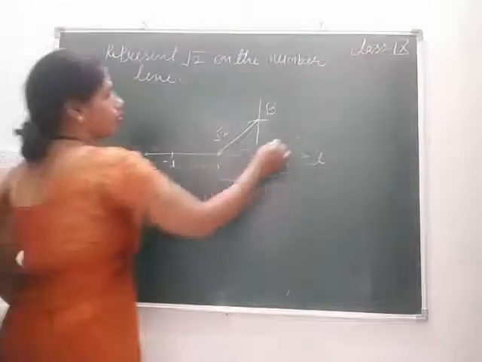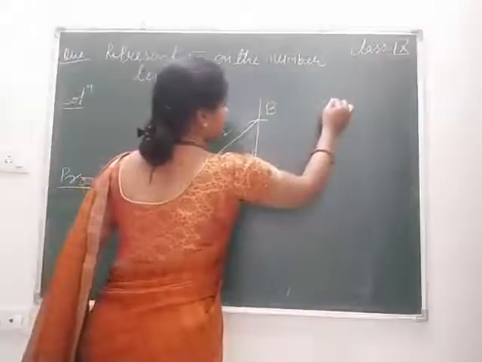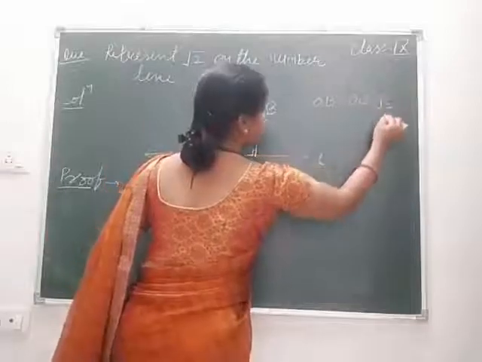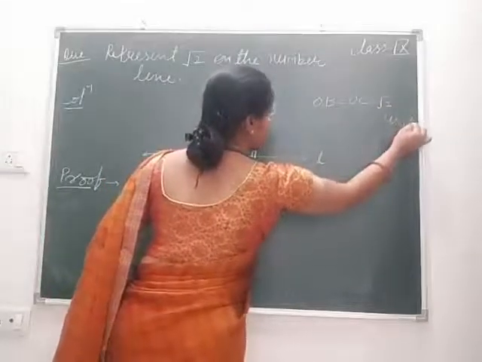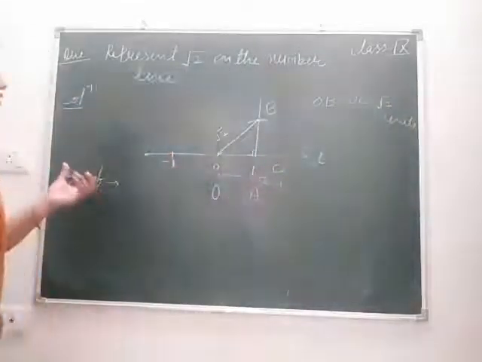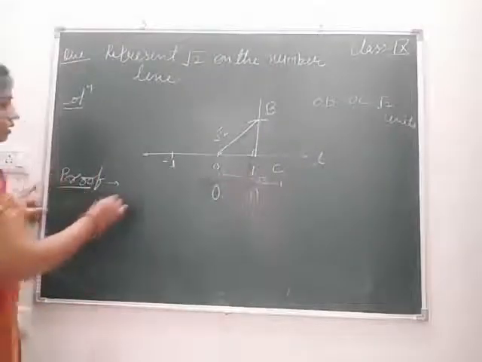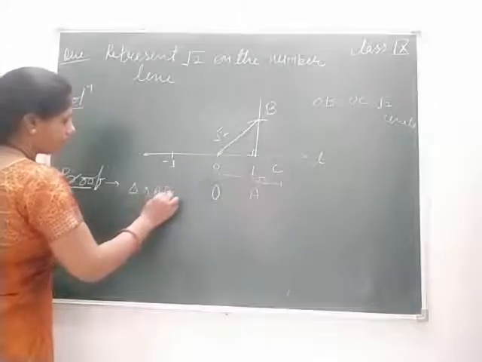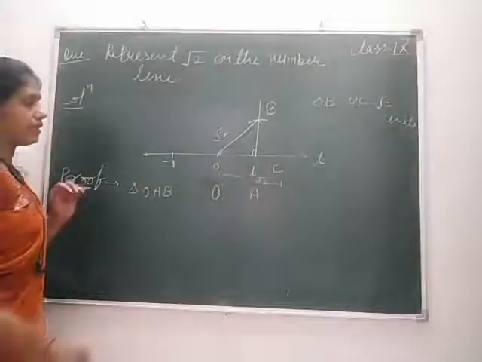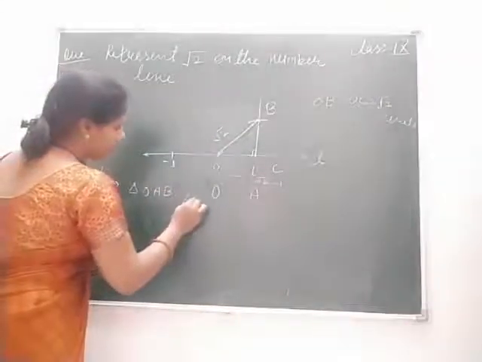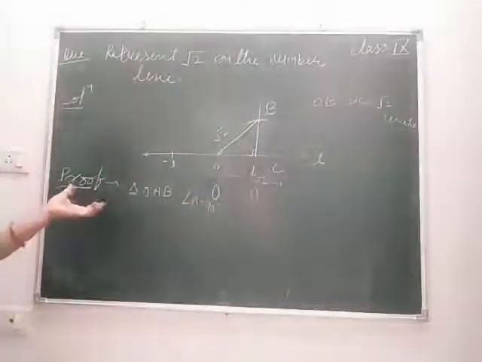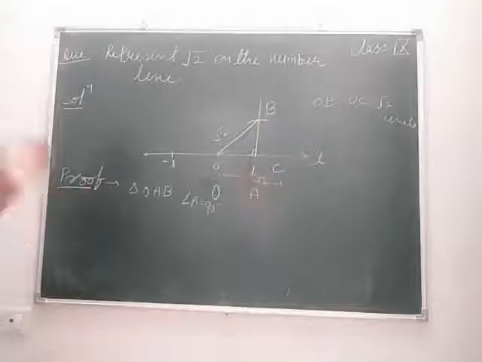Now OB equals to OC equals to root 2 unit. Clear? Now इसका प्रूफ हम यदि करें तो ट्राइंगल OAB. OAB is triangle, the right angle triangle. Angle A equals to 90 degree. You know that we prove the Pythagoras theorem.